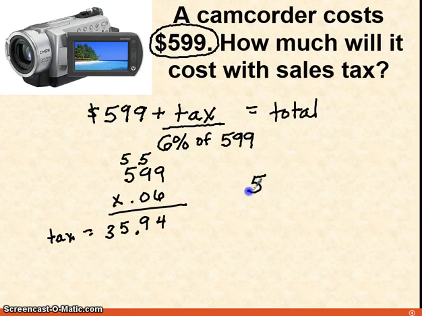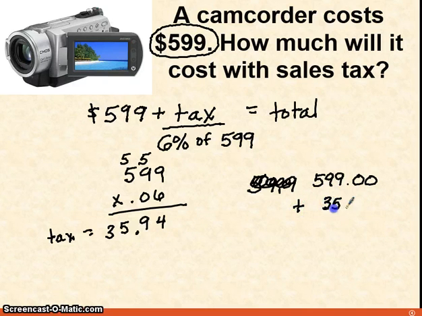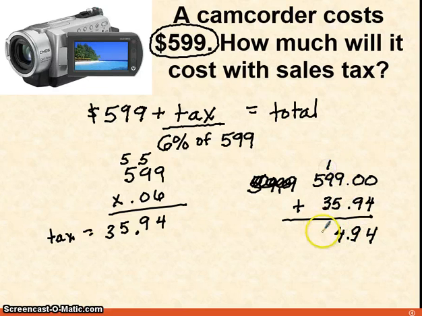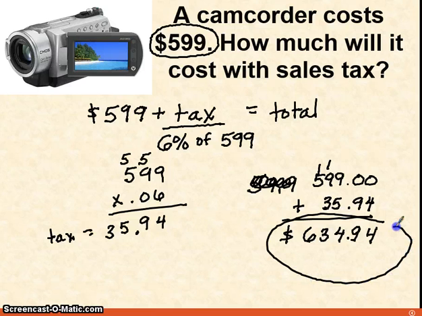So in addition to the $599 that we have to pay for the camcorder, we will have to pay an additional $35.94, which is the tax. The subtotal plus the tax gives us our total charge, which in this case would be $634.94 in all.